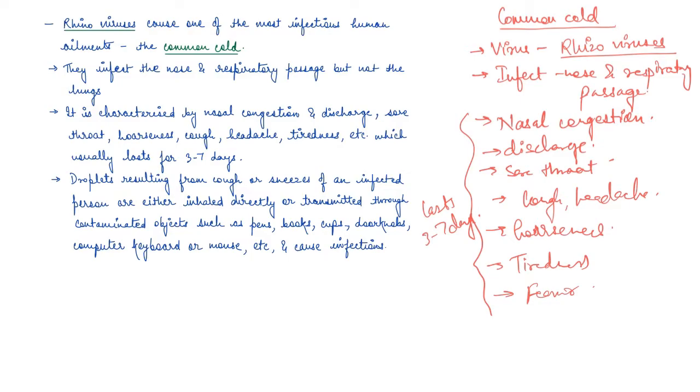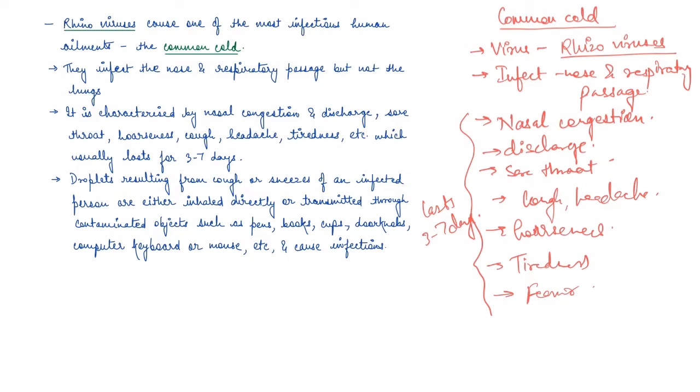Apart from this, if I cough or sneeze in a room, the viruses will stick to the things kept there. Say pens, books, a mug, a cup, a computer keyboard, a mouse that another person can use, the doorknobs, the cupboards.